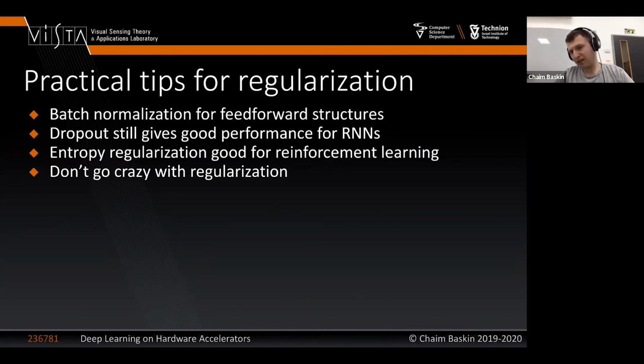So add this regularization only after you use batch norm and optimizers like Adam and other stuff. First choose the appropriate optimizer, and then see that you converge on the training set.